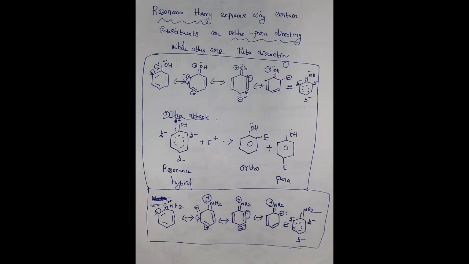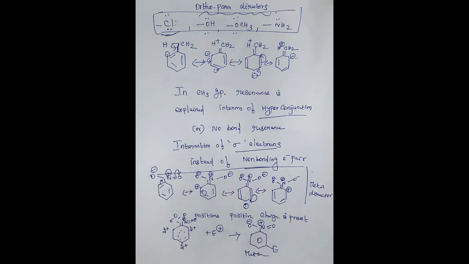Another one is aniline. The non-bonding electron present on nitrogen is involved in resonance. So there are 4 resonating structures present here, and the resonance hybrid is represented. Toluene: the resonance is explained in terms of hyperconjugation, that is no bond resonance.